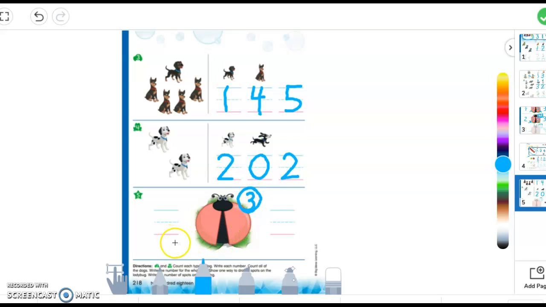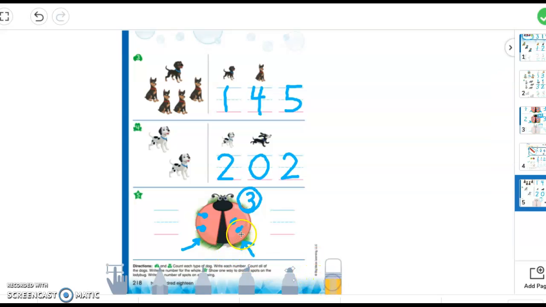How many spots could I put over here? And how many spots can I put over here to make 3 as our whole? Let's see if I could put 1, 2 spots here. Now, can I put 2 spots over here? Let's count. 1, 2, 3, 4. Uh-oh. I have 4, and my whole is only supposed to be 3.